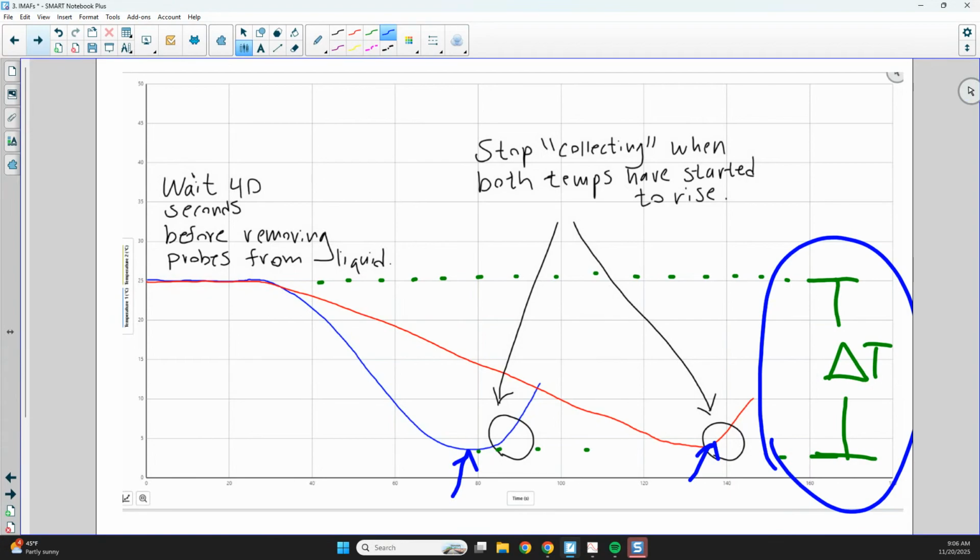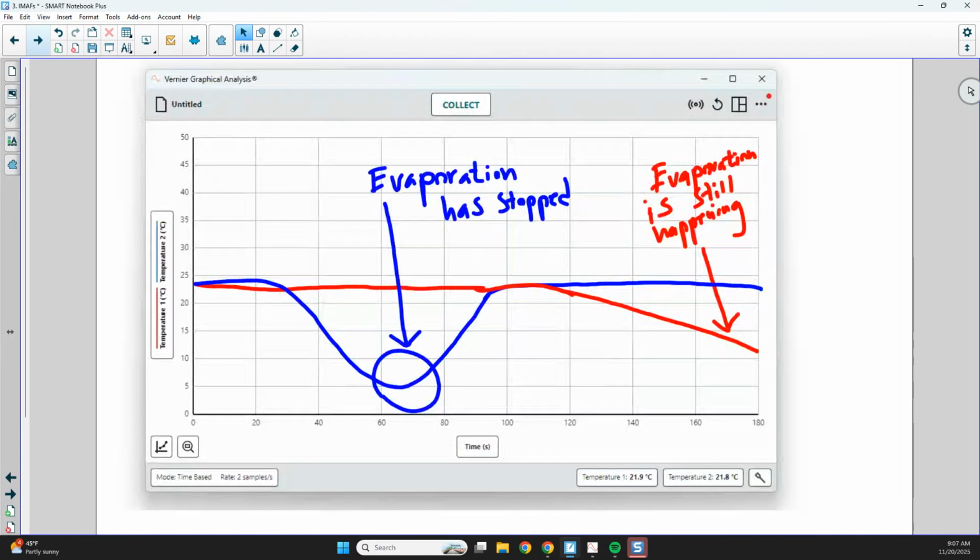So one thing to note with step 7, as it says there, if the program stops collecting data, then follow these instructions. So what I mean by that is, let's look up here at what I've got on the screen. My blue line has bottomed out right here. So as soon as the temperature starts to climb again, the liquid has already evaporated, so there's no more evaporation happening.